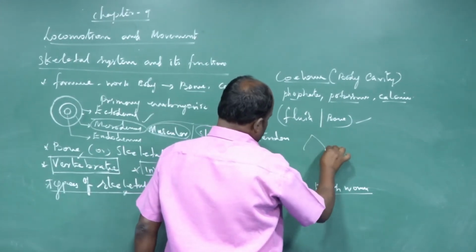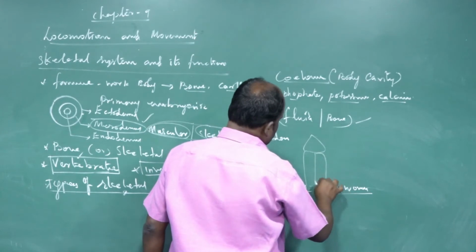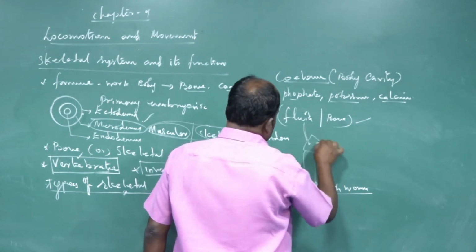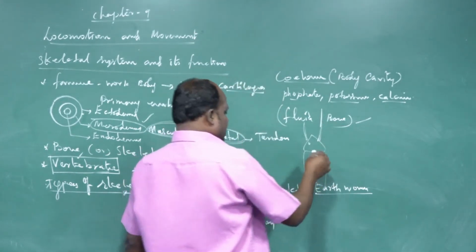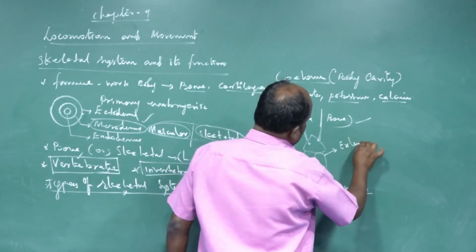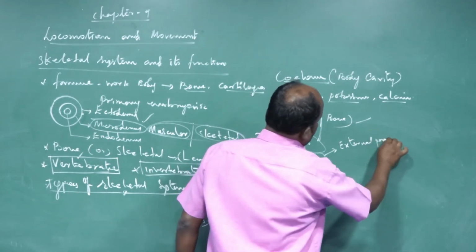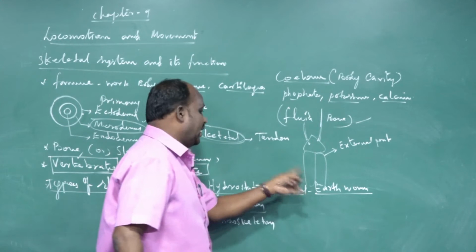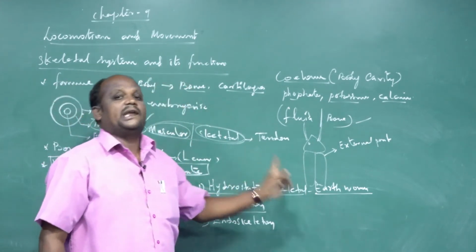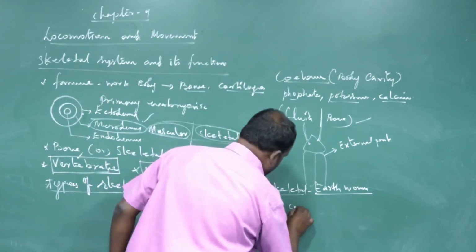The cockroach is also an invertebrate animal. So in these animals, the bone is present in the external part of the body structure, covering the external part of the body. That type of skeleton is exoskeleton. Example, cockroach.